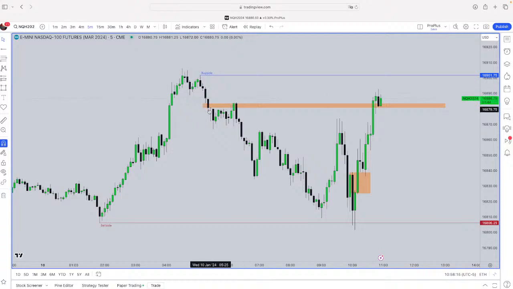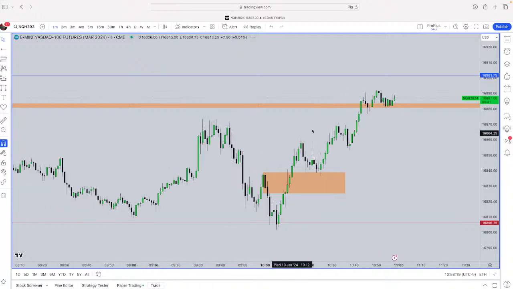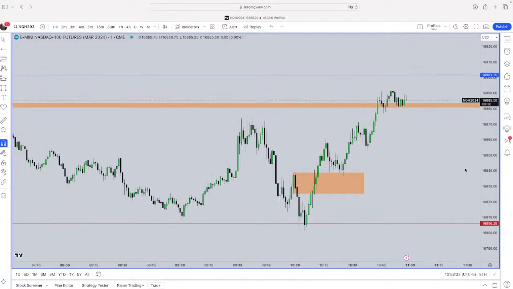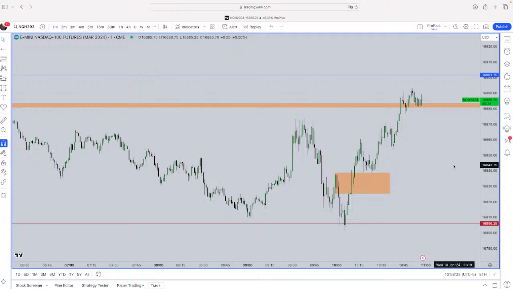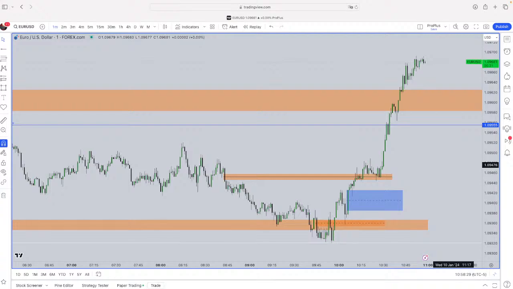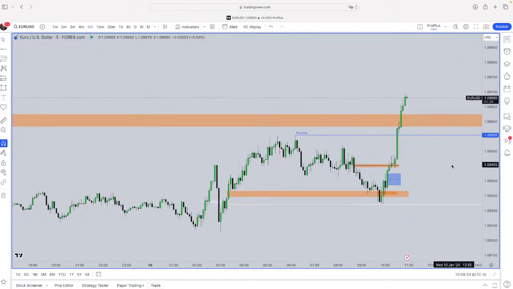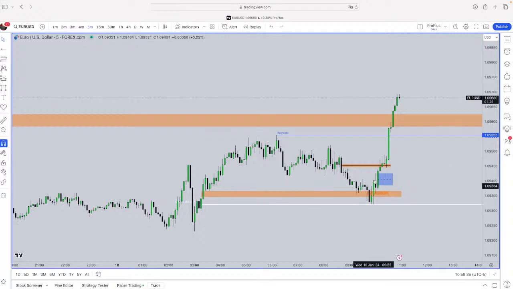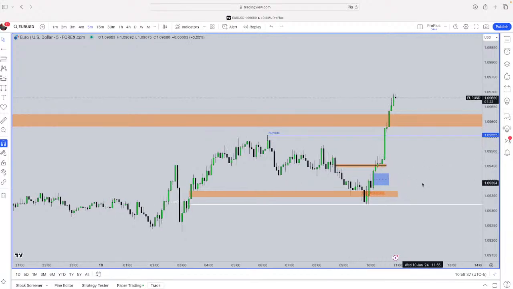So price pulled lower, broke above the inversion fair value gap, and here it's supporting. This was a nice run from here. Now it could be just going sideways, trading around for the rest of the day.